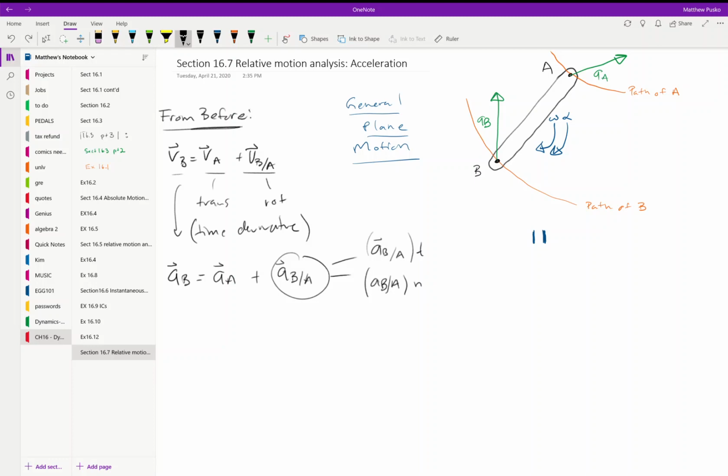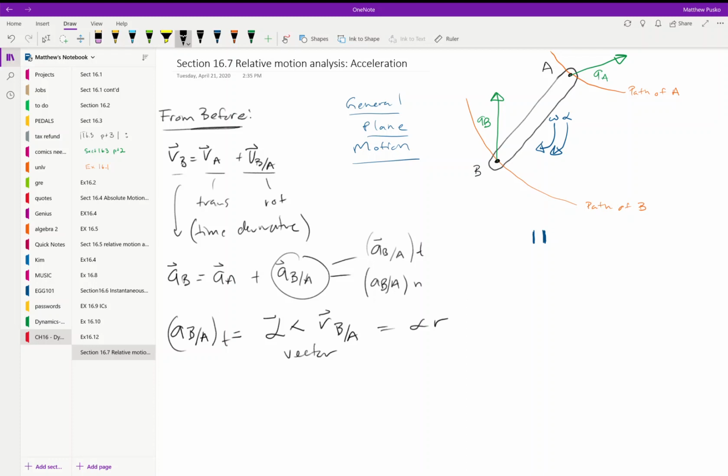Okay, the acceleration of B with respect to A in the tangential direction is really just our alpha crossed r of B with respect to A. This would be our vector form. Or we can say it's equal to alpha r if we do it in scalar analysis.